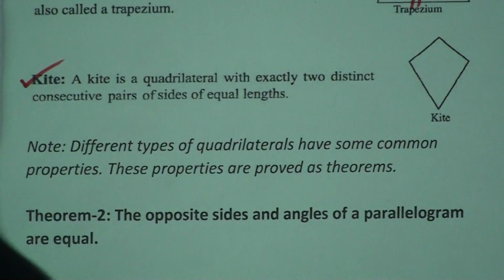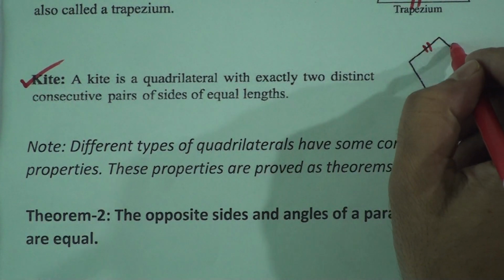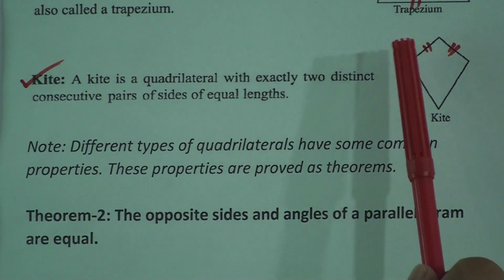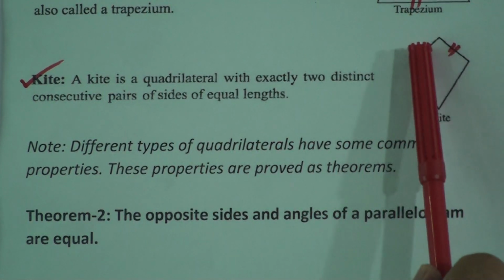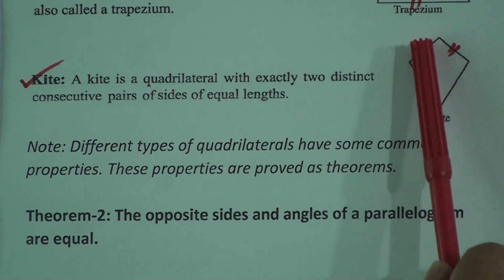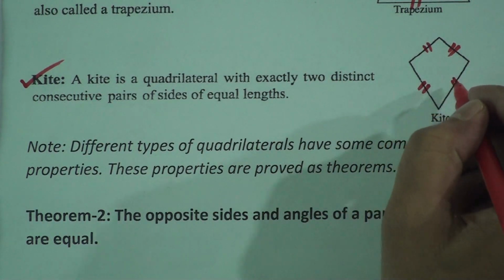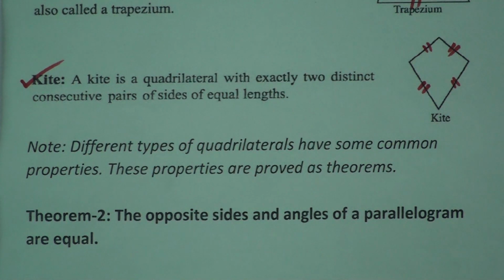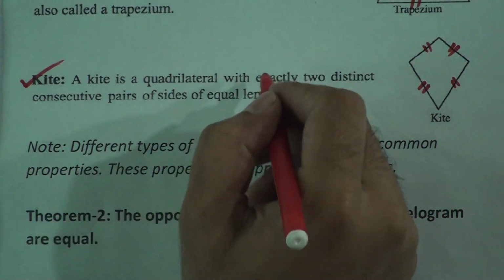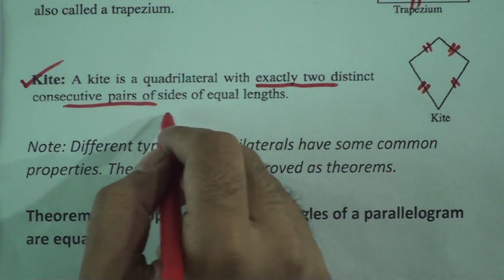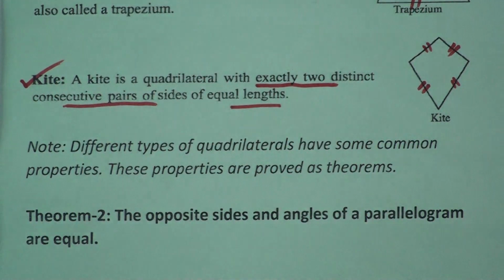It means that here, if you see, these two sides are consecutive adjacent sides, and these two consecutive sides are equal. And if you notice, this pair is also equal. Lengths of these two pairs are equal. So we can say exactly two distinct consecutive pairs of sides of equal lengths. So this type of shape is known as kite.